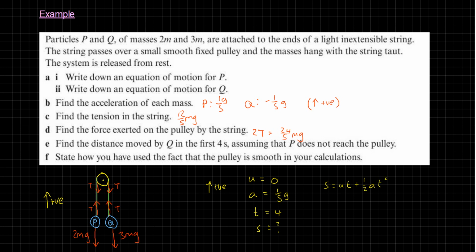When u is 0, this simplifies the formula to this, and therefore we're going to have a tenth of g times 16, which is equal to 8 over 5 times g, and that's the distance moved in the first 4 seconds.